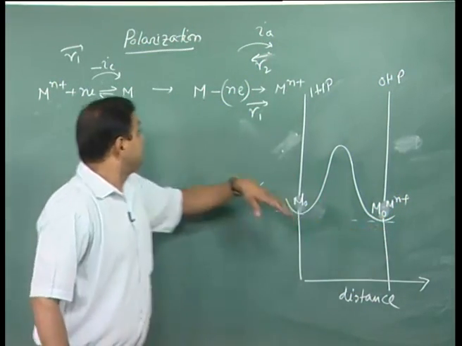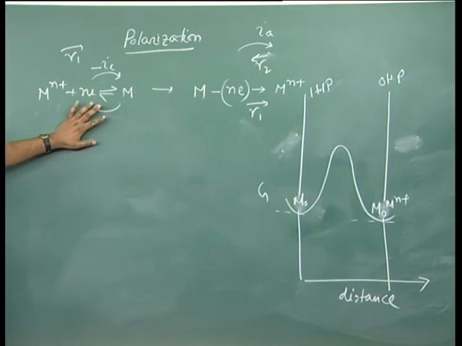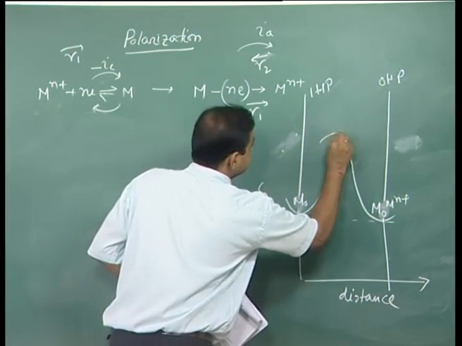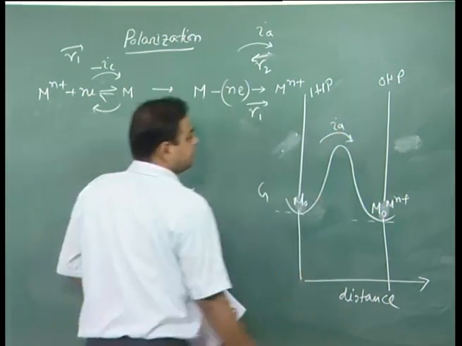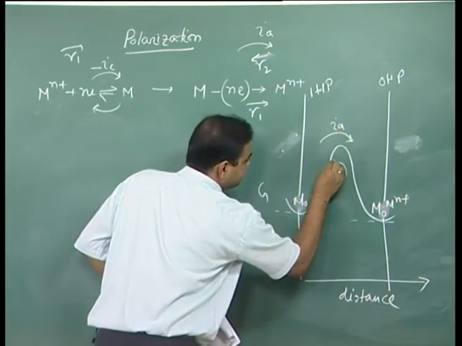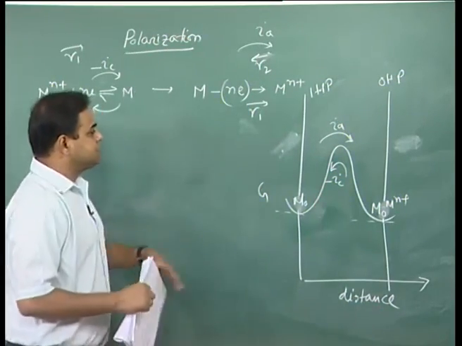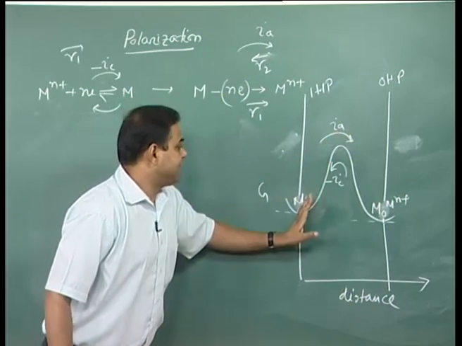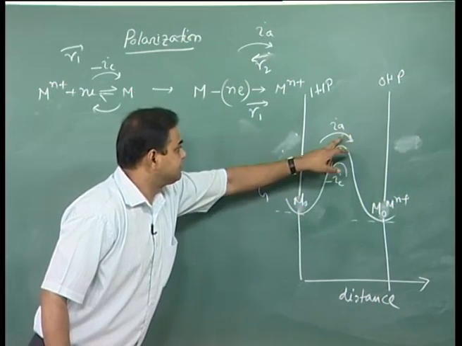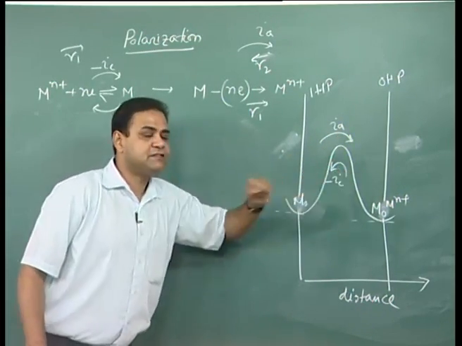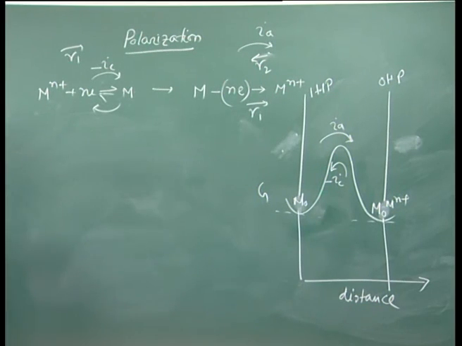This 0 I am putting just to indicate equilibrium. This is IA and this is my IC with a negative sign, just to indicate that the forward rate is given as IA and the backward rate is given as IC, which is the cathodic process.